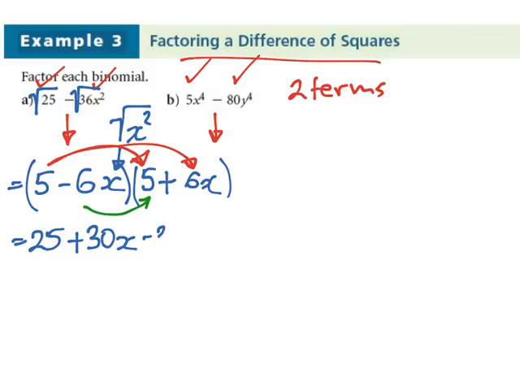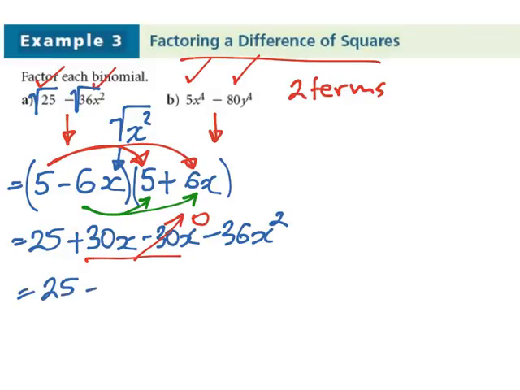And the last part is negative x squared, x times 6x, and that is negative 36x squared. The middle terms, when we combine like terms, cancel out. They become 0 because 30x minus 30x is 0. And we only get two terms, 25 minus 36x squared. And take a look, it matches our question.